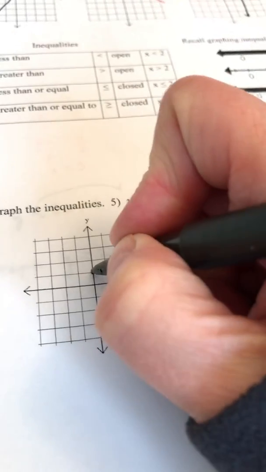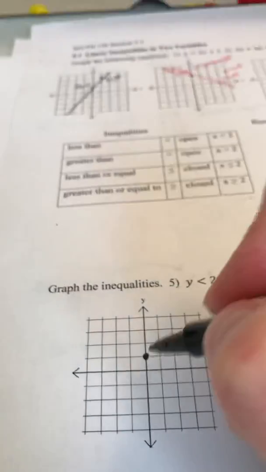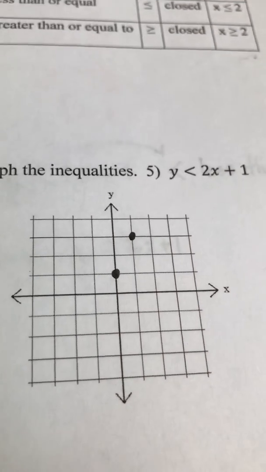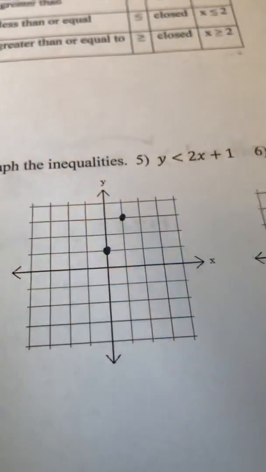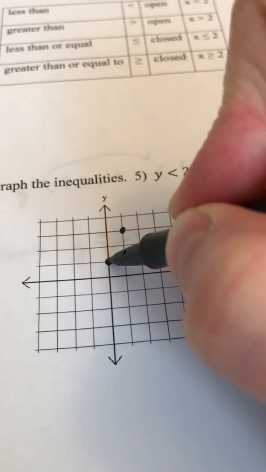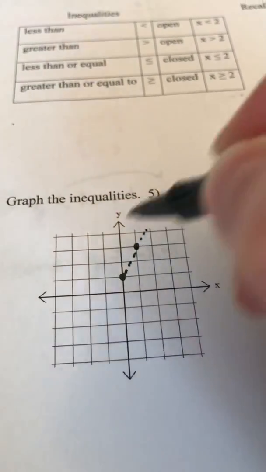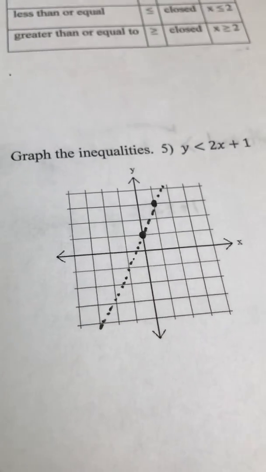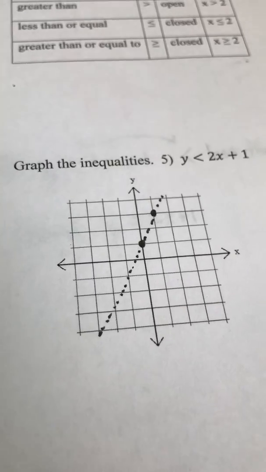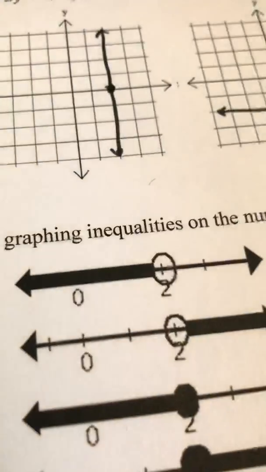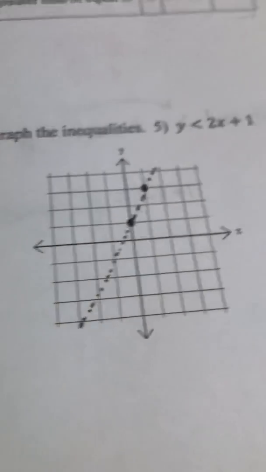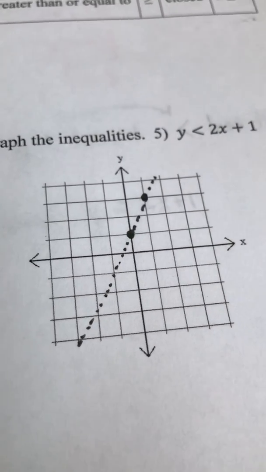So I'm going to plot 0, 1 and 1, 3. Now, what I mean by open boundary: this is a 2-dimensional open, and that's going to be a dotted line. That is what's considered an open boundary in 2 dimensions. Whereas up here, open was just a circle, now that we've added another axis, we have to think of this as a dotted line instead of an open circle.